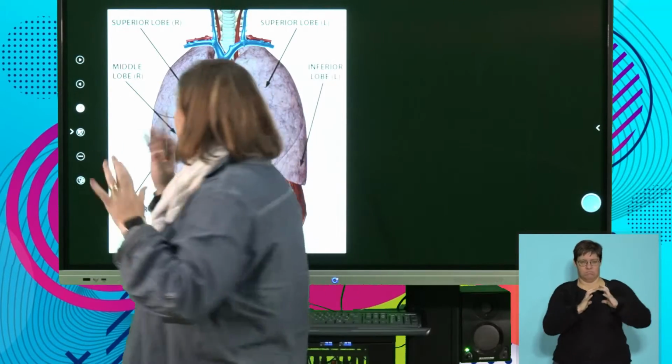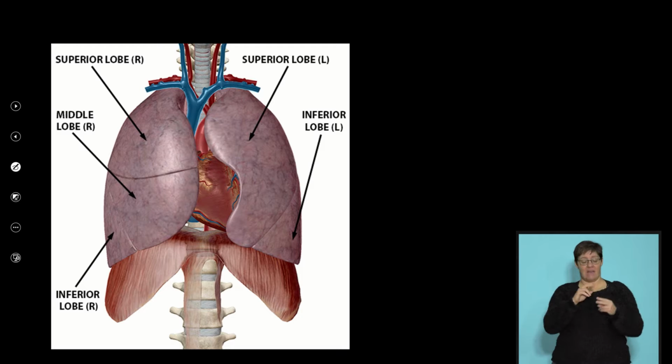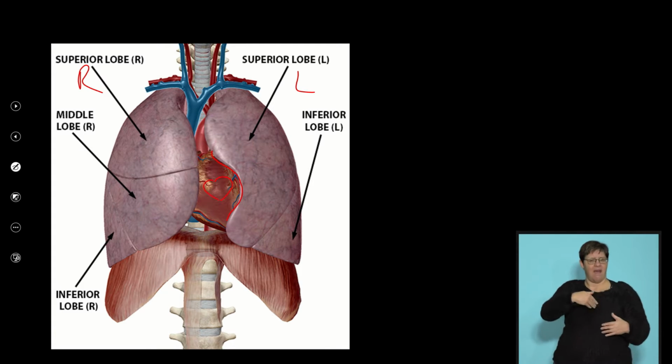deflate. Okay, so we said we've got 2 lungs. And guys, they're not the same size. Over here, this is the right-hand side, this is the left-hand side. What you will see is the left-hand side is slightly smaller because the heart is going to be in its place. And you'll see over here that the left-hand side has 2 lobes, whereas the right-hand side has 3.